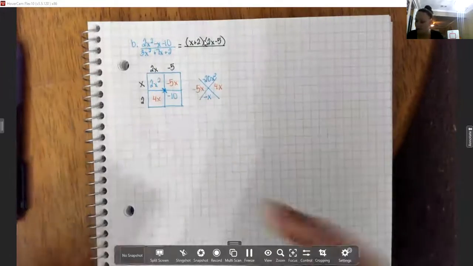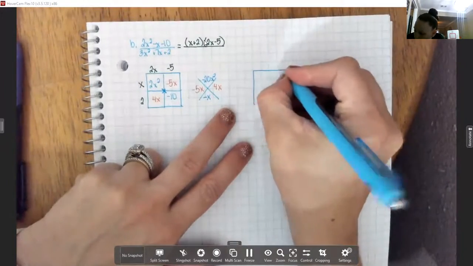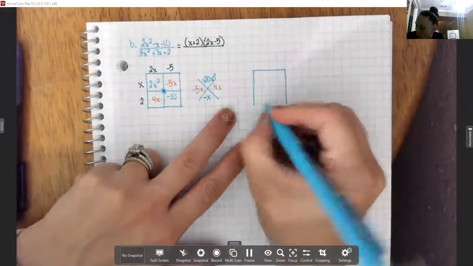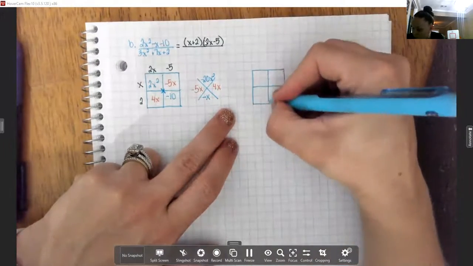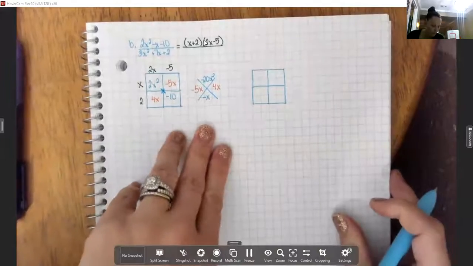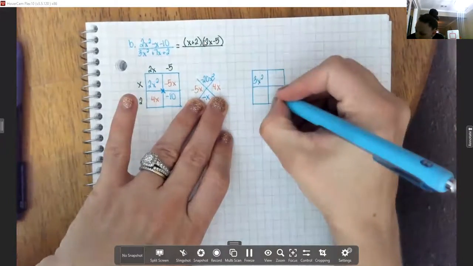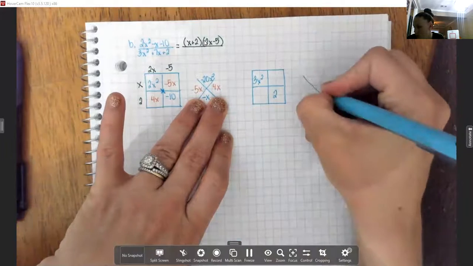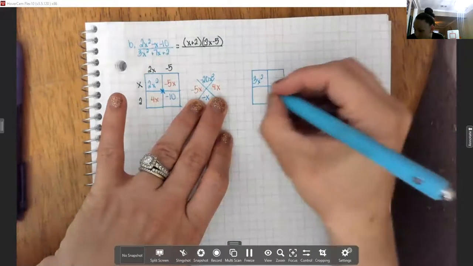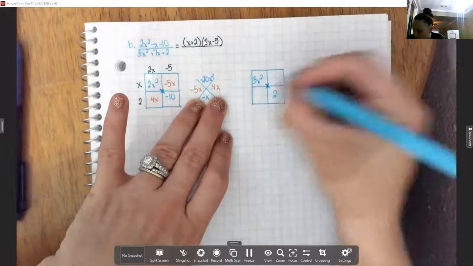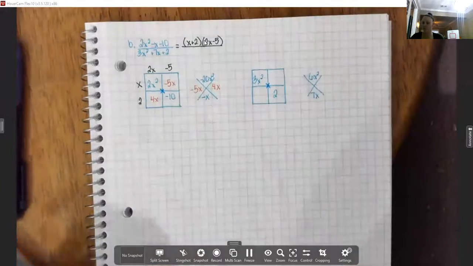And then we also need to factor our denominator. So we have 3x squared and 2. So the top of my diamond is 6x squared, that's the product of my diagonals there, with 7x on bottom.